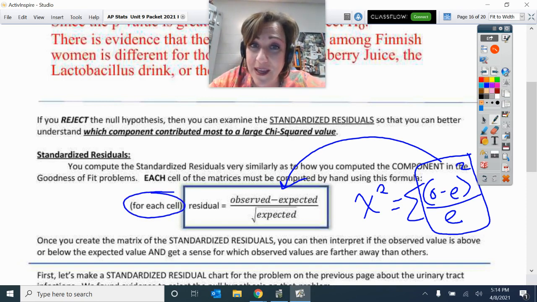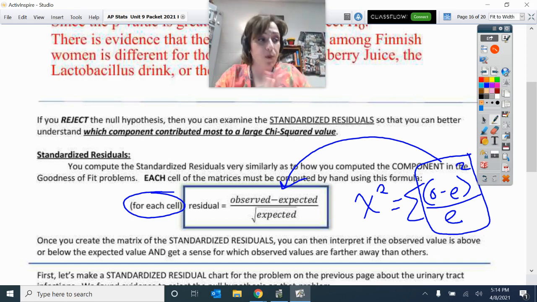Furthermore, the good thing about this is, remember we squared to take away those negatives? Well, this shows the direction, the negatives or the positives, because it doesn't have that squared taking that away. That's important, because if I have a negative residual, then I know observed was below expected. If I have a positive residual, then I know what we got was more than expected.